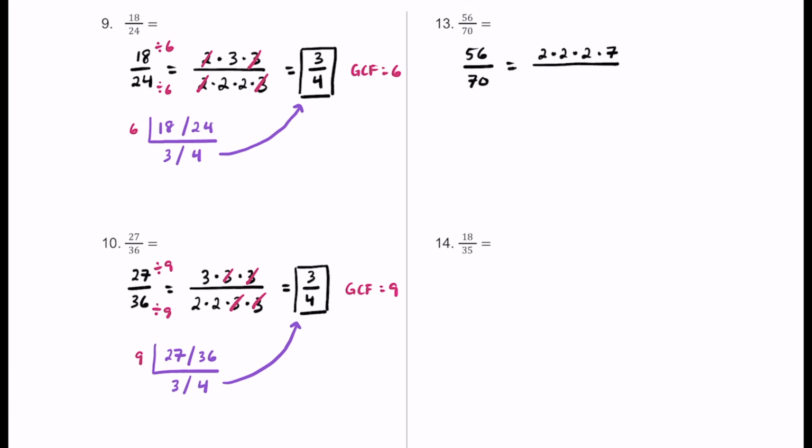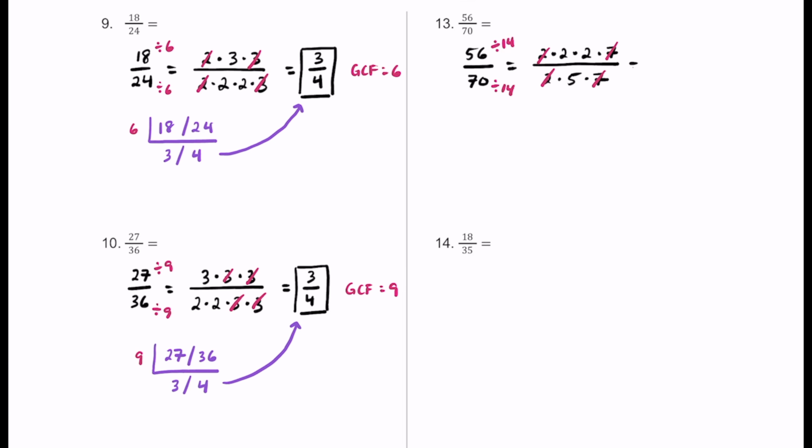Now for 70, we can definitely do 2 times 5 for 10, and we still have a 7 for 70, so let's do 2 and then 5, that's 10, and then 10 times 7 is 70, okay? Now what do they have in common? Looks like they both have a 7, and they both have a 2. So what's 2 times 7? 2 times 7 is 14, so 14 must be the greatest common factor between 56 and 70.